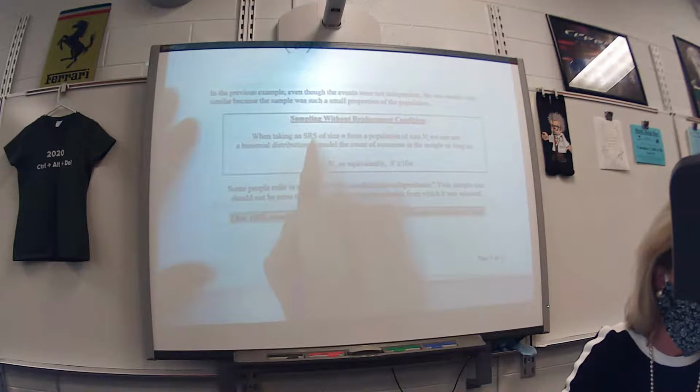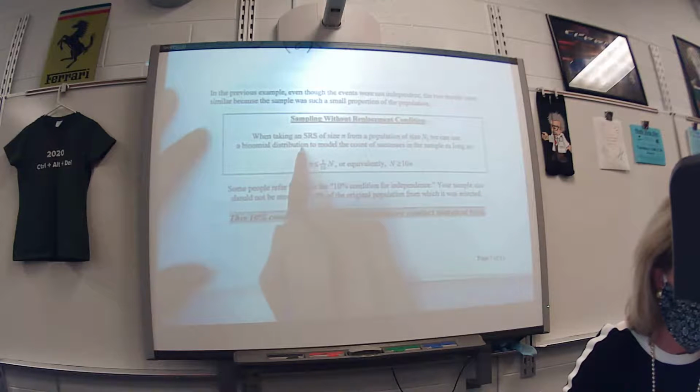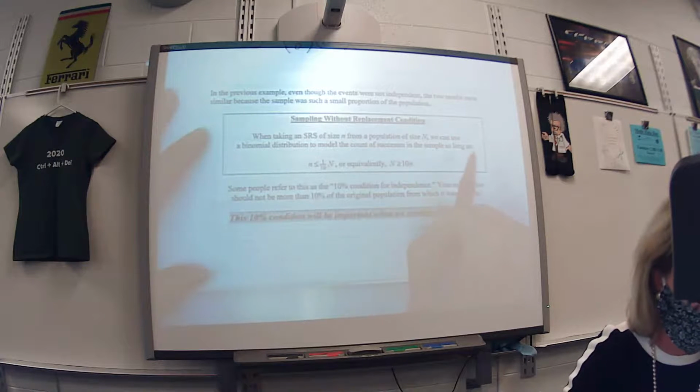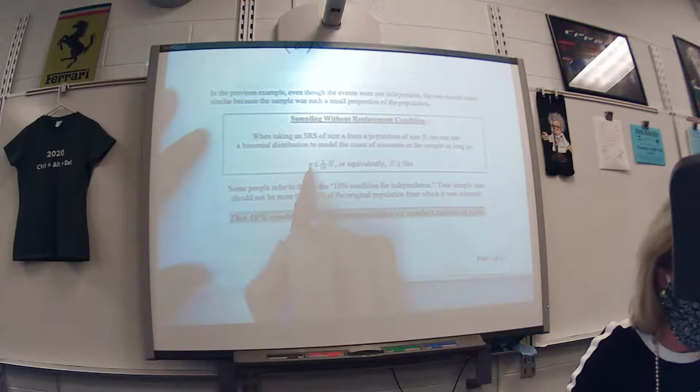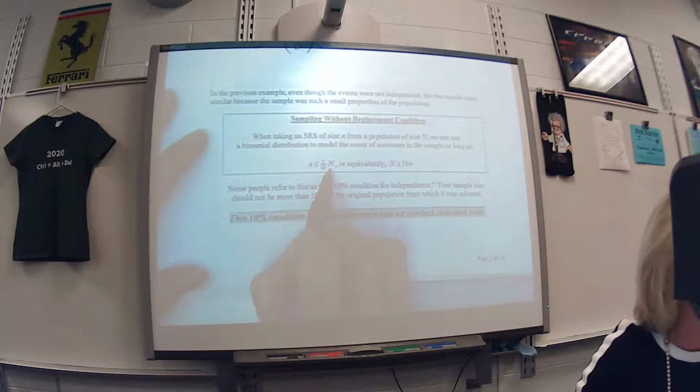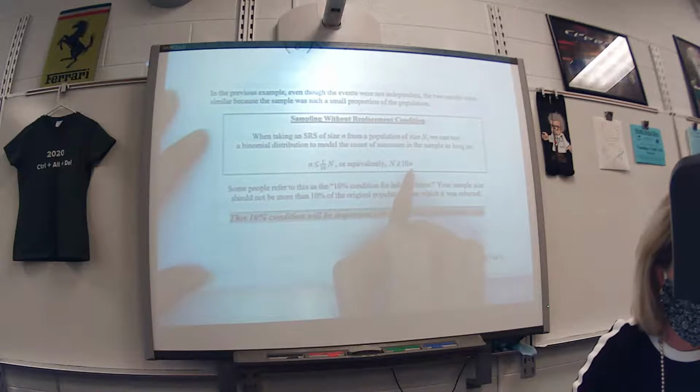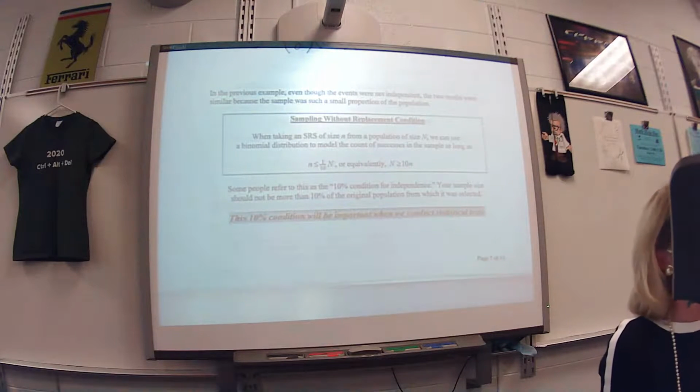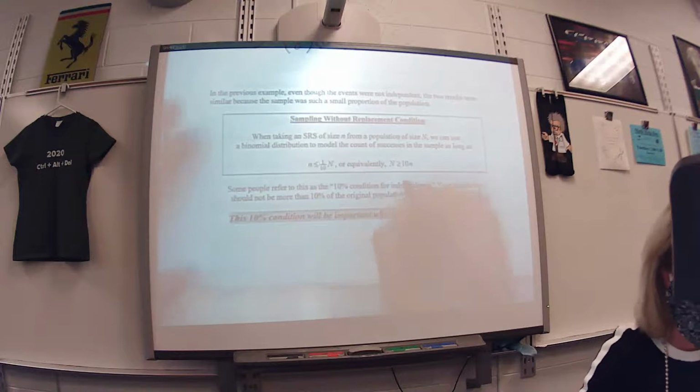When taking a simple random sample from a population, you can use the binomial distribution as long as your sample, that's n, is less than 1/10 of your population. Or reverse that, your population has to be greater than 10 times n.